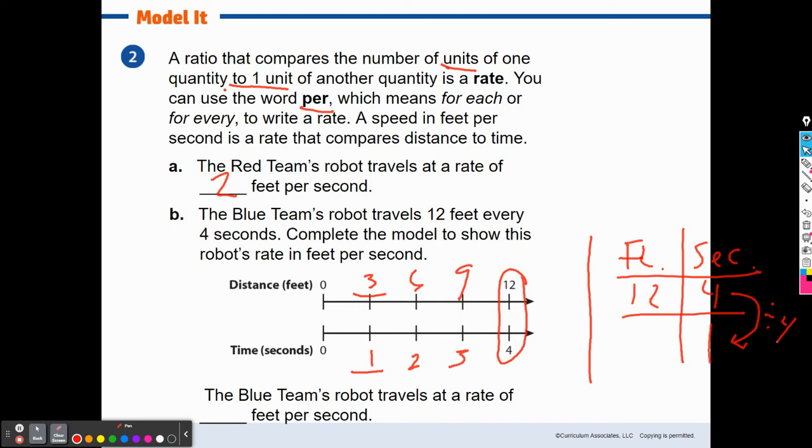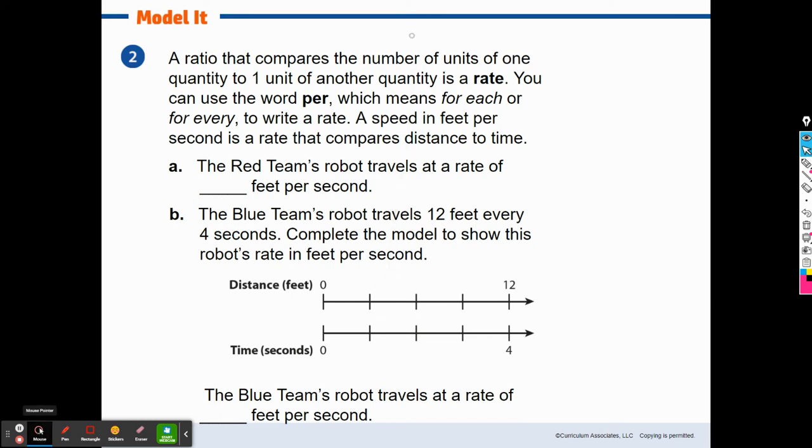If I divide by 4 on that side, I have to do it to the other side. So 12 divided by 4 is 3. 3 feet per second. All right. We just found the rate. The blue team's robot travels at a rate of 3 feet per second. All right. Seems pretty easy, right? Let's apply same steps, different problem.